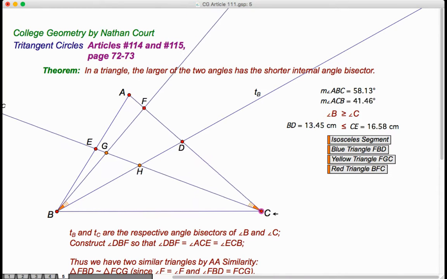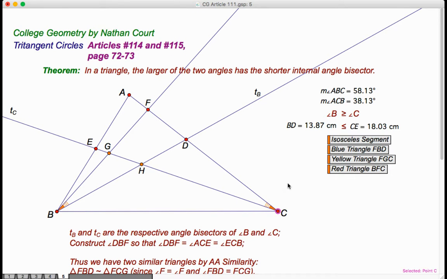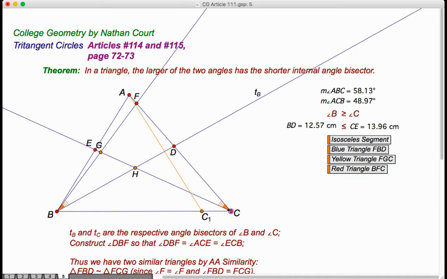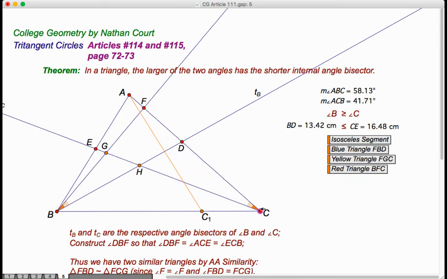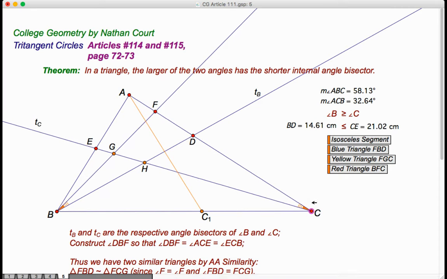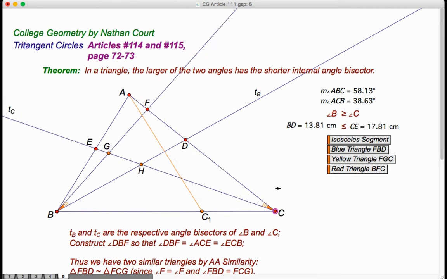So I made it in such a way that this particular segment here will coincide with C sub 1, and hence I end up with an isosceles triangle. So that's my guide, and that's the reason why C is only from this point onwards, away, not inwards.